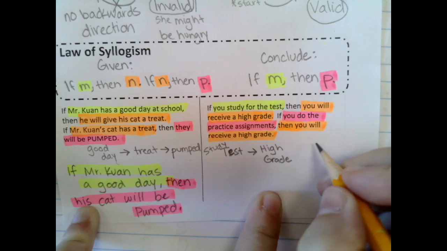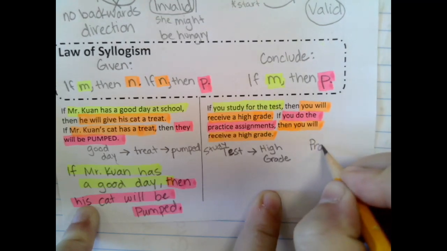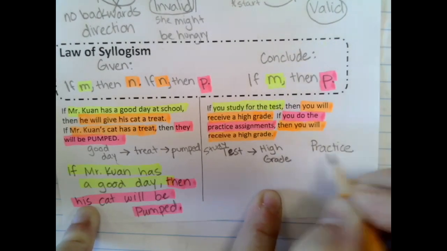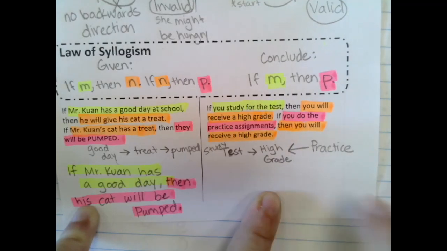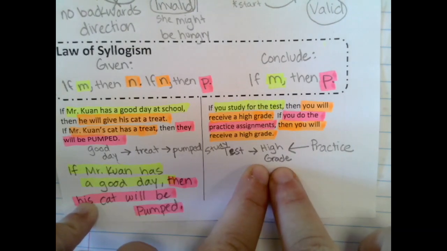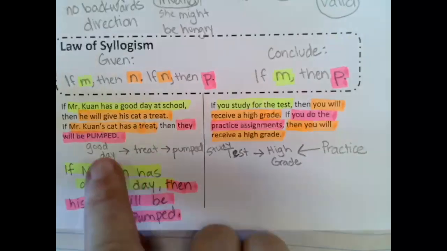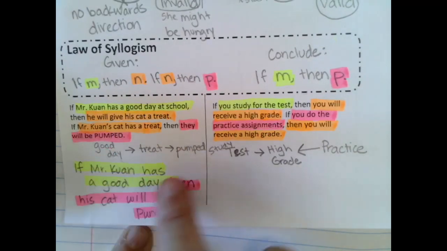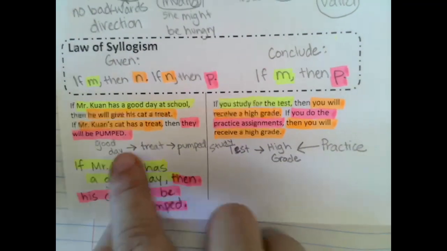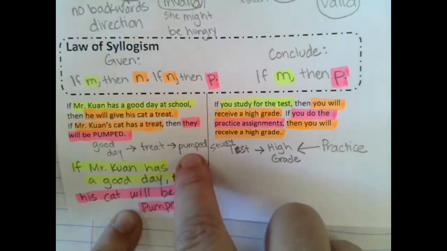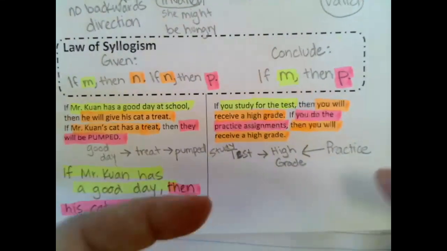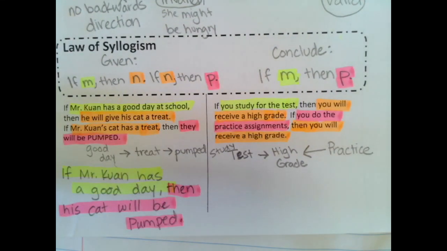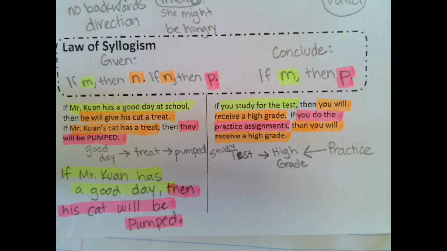Second part is if you do the practice, you get a high grade. They're both leading to this high grade. So is there a middle part that I can skip over, because A goes to B, B goes to C, so we can just jump? No, they just both lead to high grades, but they're two separate things. One is studying for a test, one is practicing. They both lead to a high grade, but they don't have that connection.